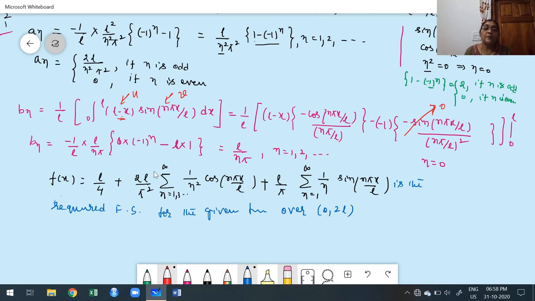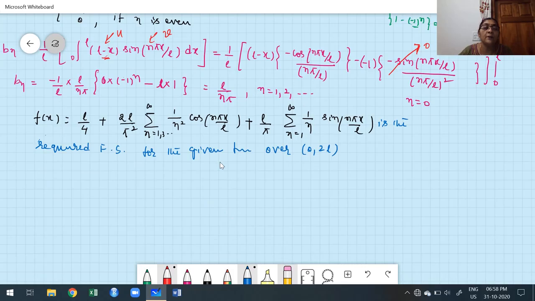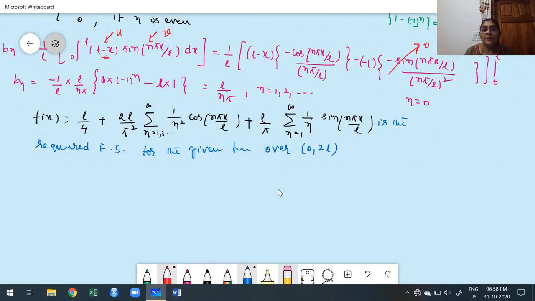The next step is I want to deduce some result. What result do I want to find from the Fourier series expansion? For our convenience, take this Fourier series expansion as star, because I want to deduce some result.